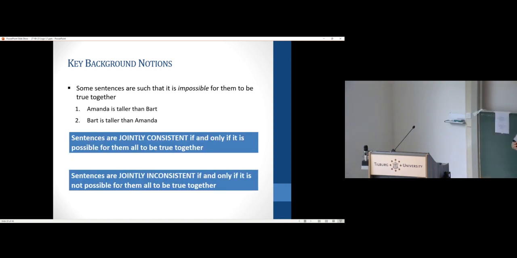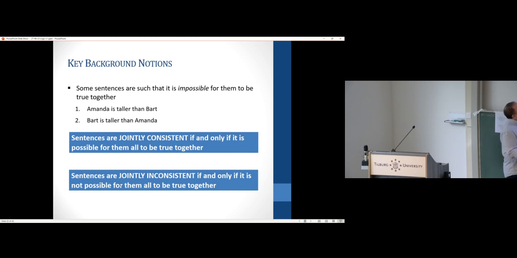These are very broad, and as we develop along, we're going to introduce formalized ways of tracking them. But it's helpful to get a grip on these fundamental concepts first. So, the first pair we've actually already kind of seen, and it's the idea that some sentences look like it's impossible to make them true together.